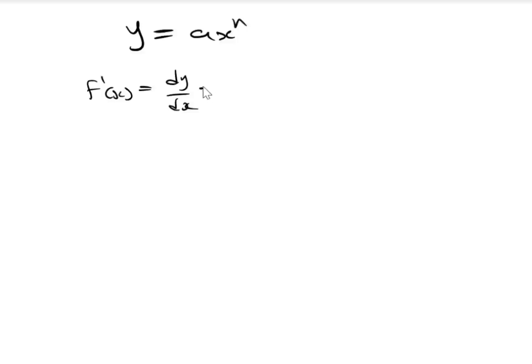This is equal to, when the power is n, multiply ax^(n-1). This is what it meant. And this is something as nax^(n-1).